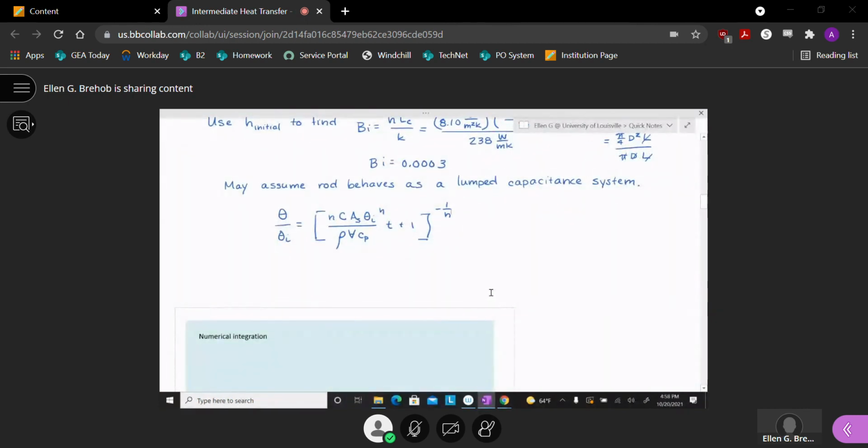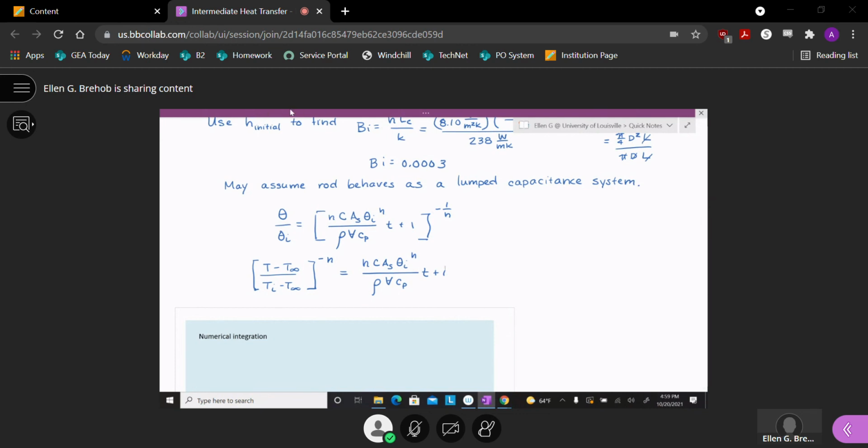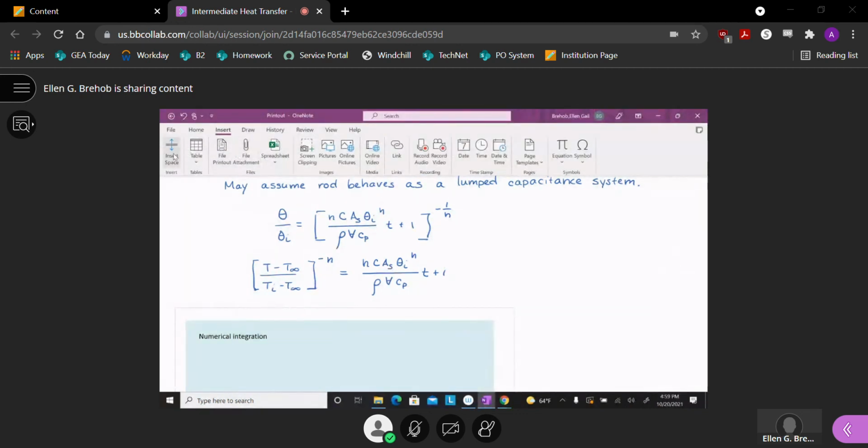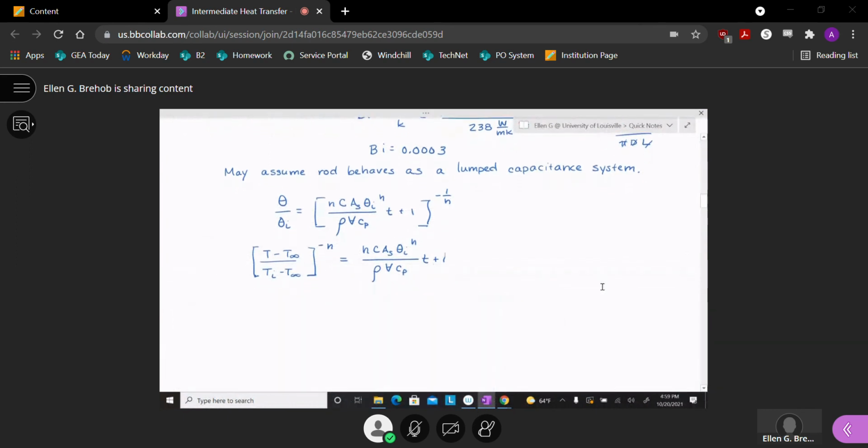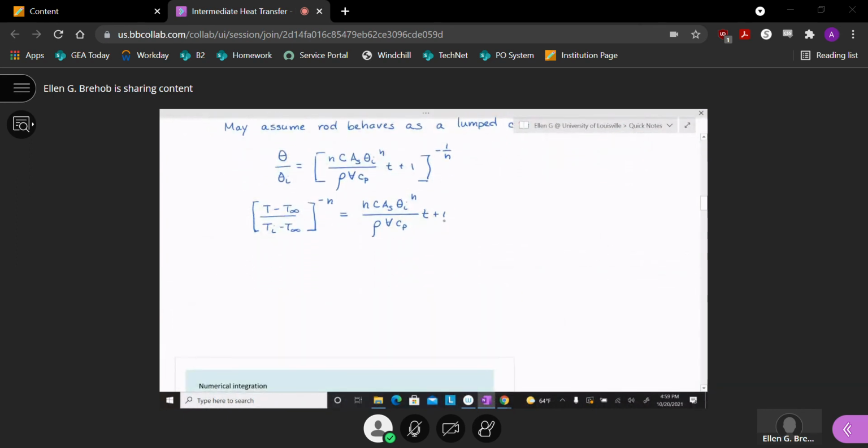First rearrangement I want to make is I'm going to take this exponent to the other side, and I'm also going to remind myself that theta is T minus T infinity, and theta i is Ti minus T infinity. And then I want to take the minus 1 to the other side.